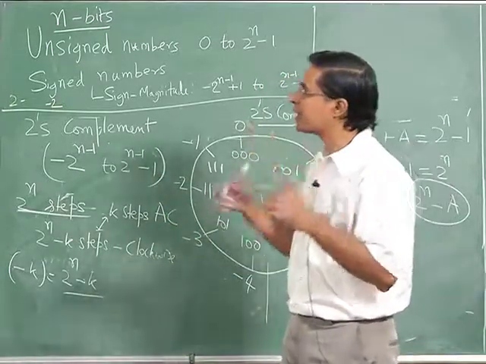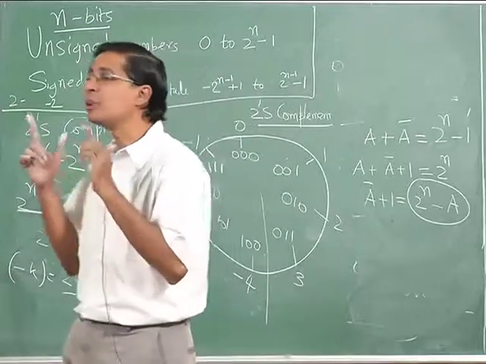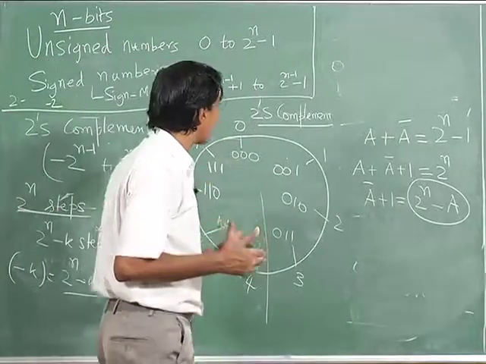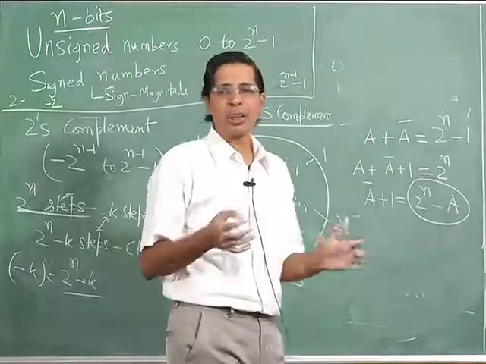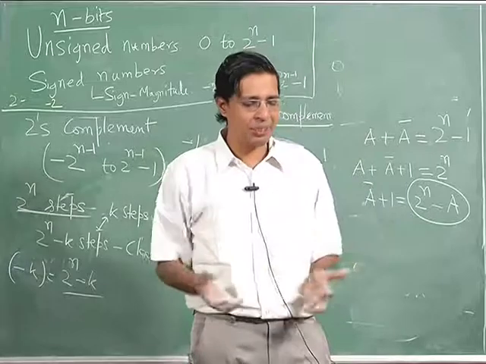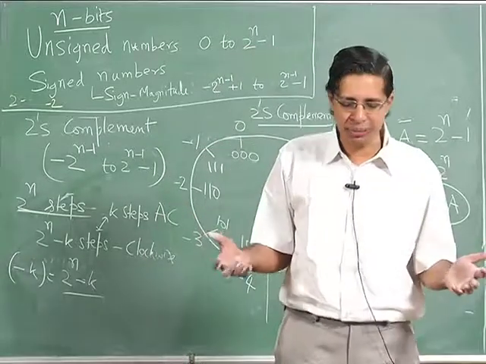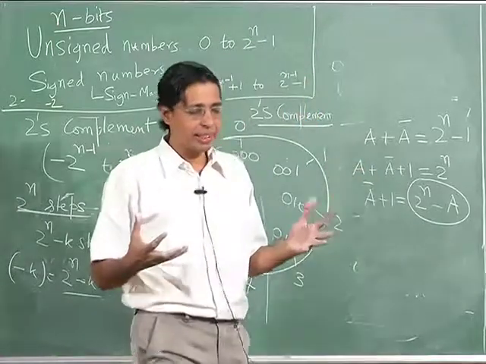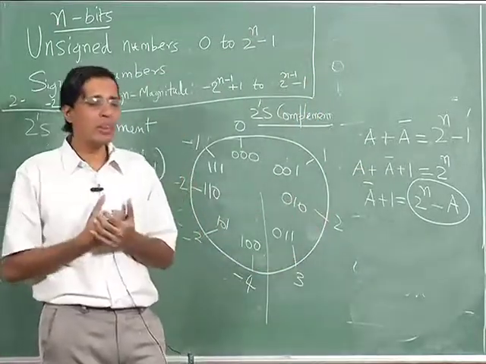Now I have to model subtraction and signed arithmetic using this unsigned adder, and for doing that please try your representation and you will understand how difficult it would be to implement. Certainly there is a way of realizing it because everything is a Boolean function, but the amount of circuitry needed would be extremely complex.